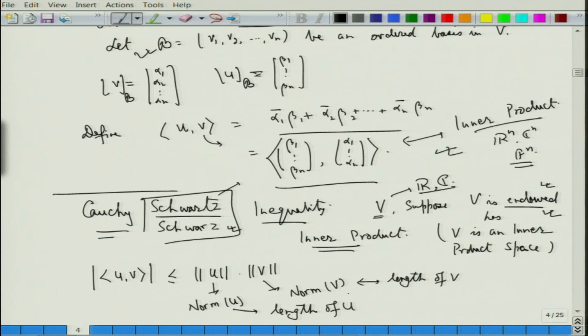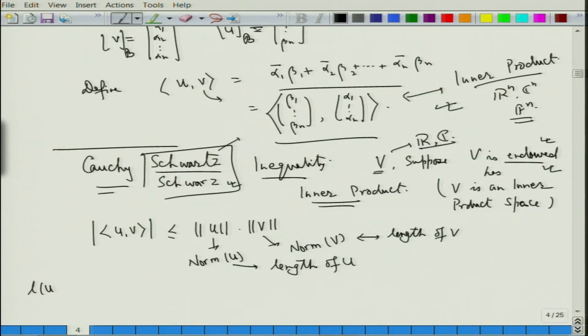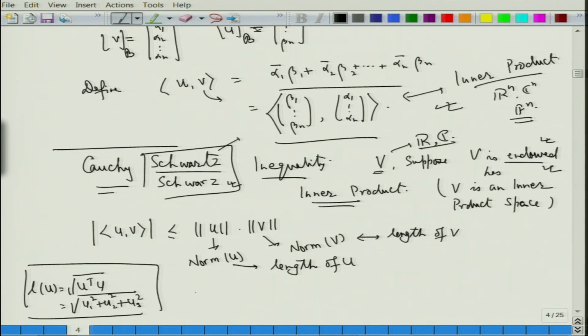There, in the dot product, the length of vector u was the square root of u transpose u, which was the same as the square root of u1 squared plus u2 squared plus u3 squared. Now this we are changing to the notation u comma u. We just replaced the inner product u transpose u with this notation. That's all we did. So therefore when I talk of norm of u, for me norm of u will be the square root of this. Is that okay? So you can compute them.